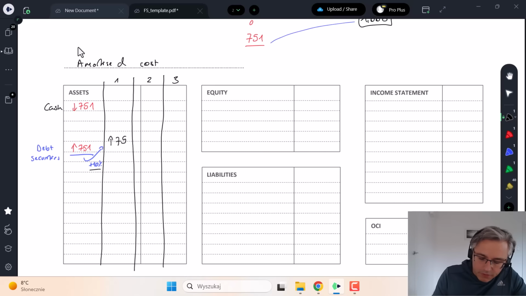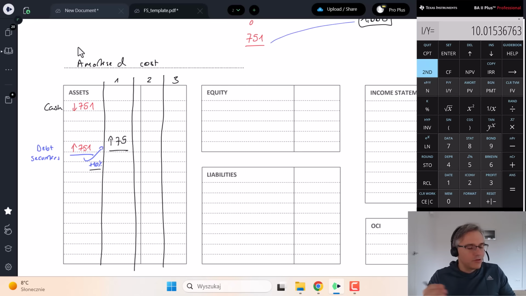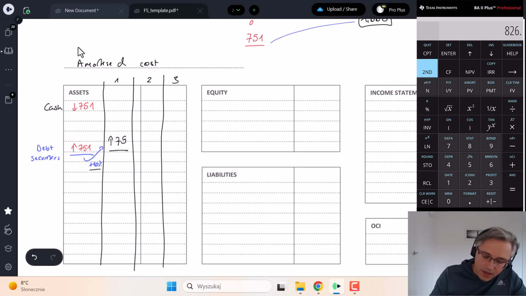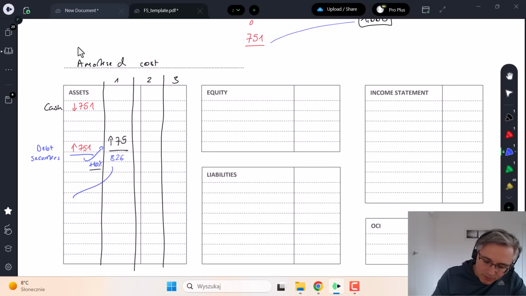And if you begin with 751 and then add 75, let me just check this on the calculator, 751 plus 75, that gives, okay, a value of 826. This would be the asset's amortized cost at the end of year 1.